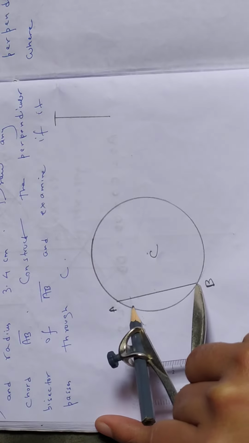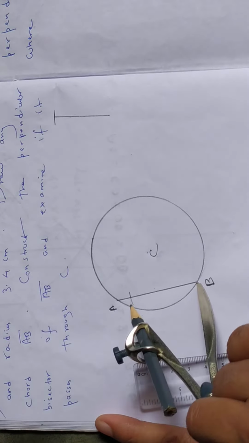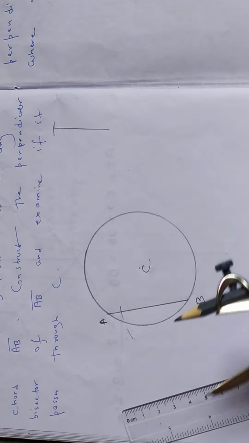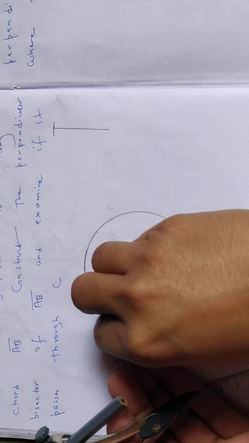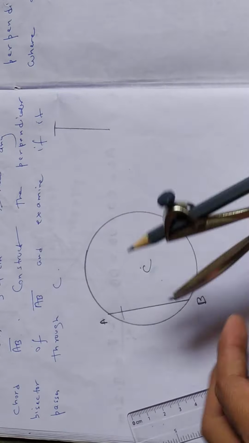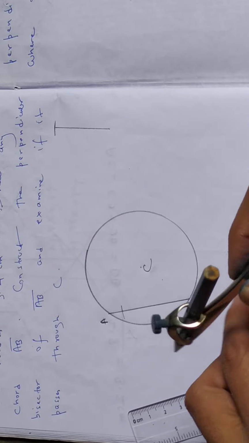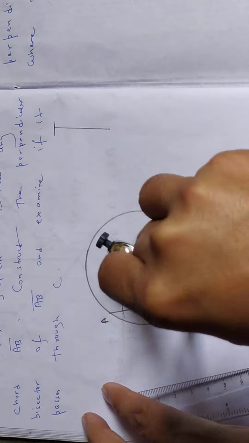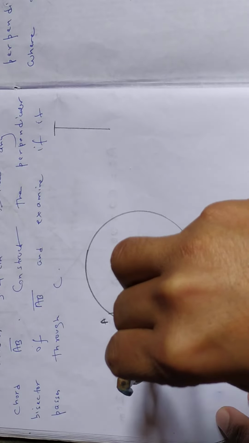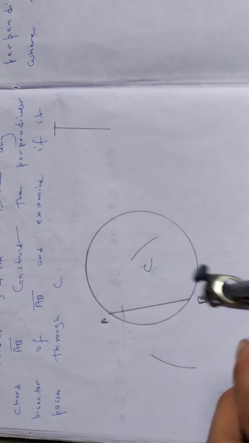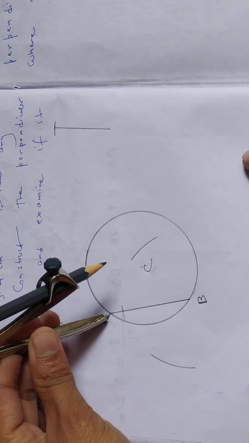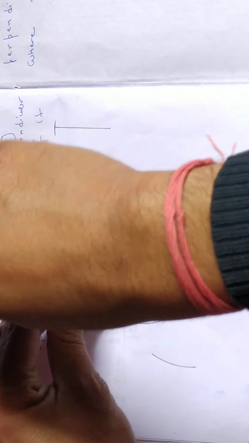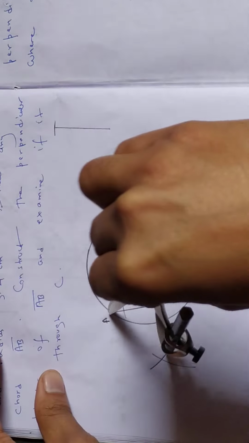Okay, or you can see here I have taken more than half. So now, the same procedure, you have to draw two arcs. Here, then this side also, and then from the point A, here, and in the bottom side also.